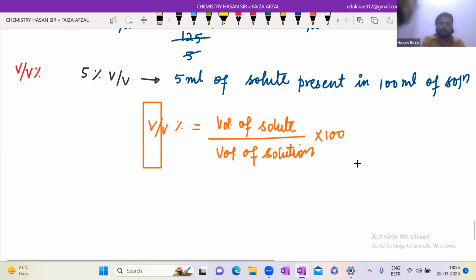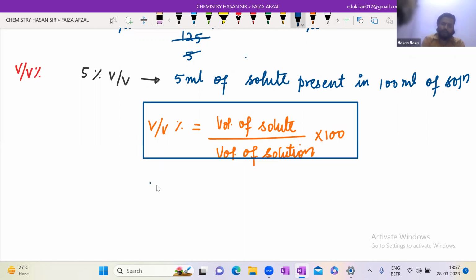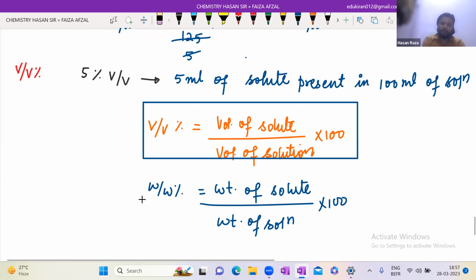So this is the formula for volume by volume. I'm going to write all the formulas here. Weight by weight percent will have the formula: weight of solute or mass of solute upon weight of solution into 100. So this is the formula for weight by weight.